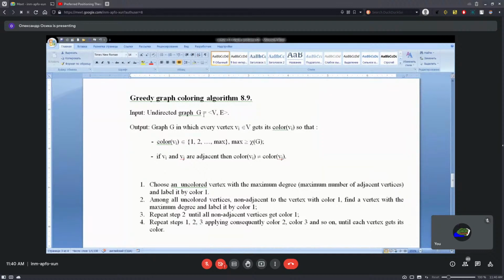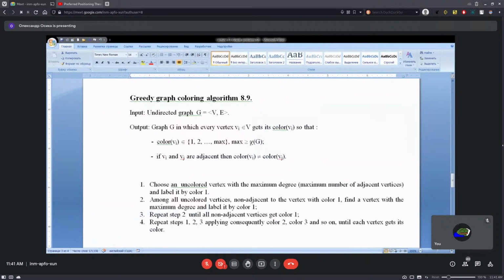Output: the same graph G, in which every vertex V sub i gets its color of V sub i, so that the value of the color is one of 1, 2, 3, up to max, where the value of max is either greater or equal to the chromatic number of this G. Chromatic number is absolutely the minimum number of colors.